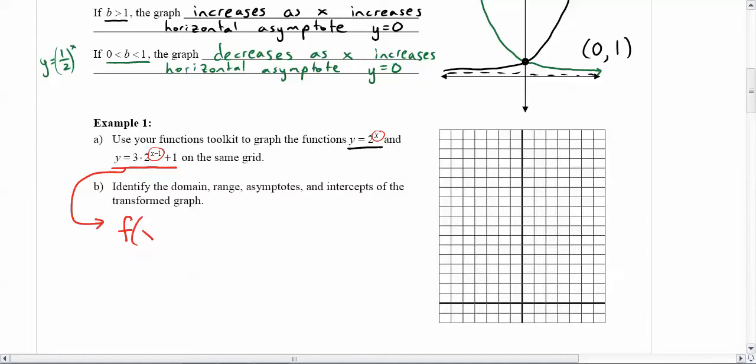So that means that inside of the function, I change it to x minus 1. Okay? And then I added 1 on the outside and multiplied by 3. Okay, so the function, the f part, is the 2 to the power of x. 2 to the power of x is my f of x.